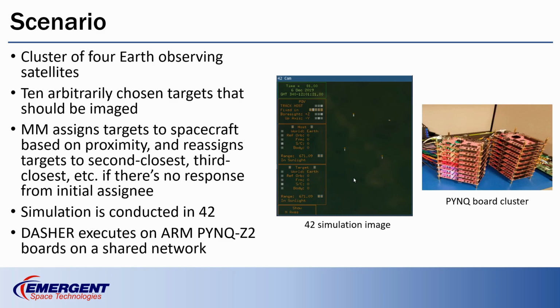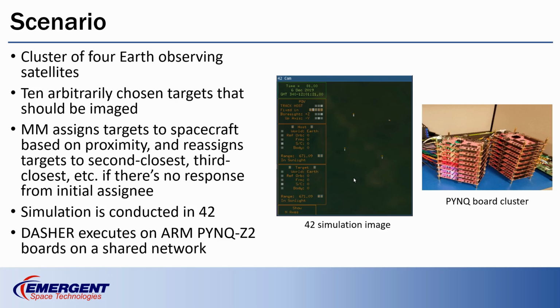In this mission, the mission manager is configured to assign particular targets to particular spacecraft online during the mission based on a simple proximity, who's closest. To account for failures, there's a protocol where if there's no response from the spacecraft that's assigned to a target, mission manager will move on to the second and then the third closest spacecraft until it gets a successful response indicating the image has been taken.